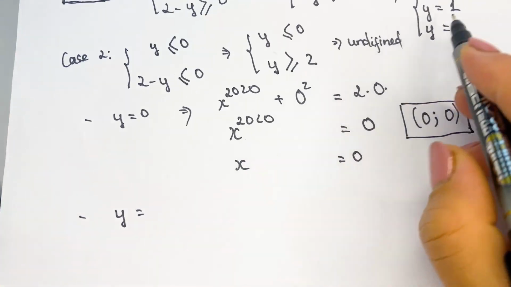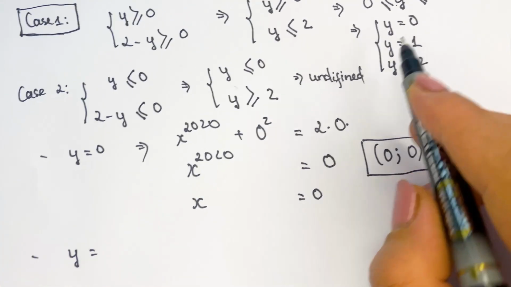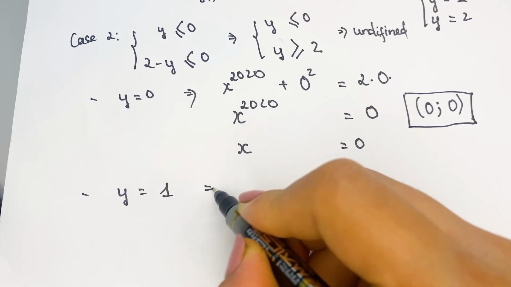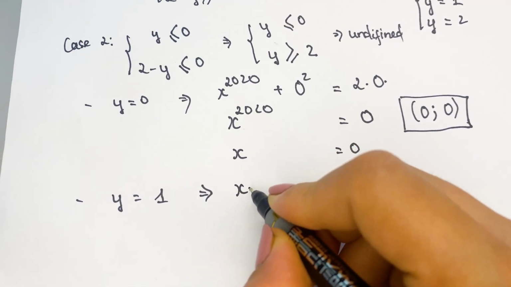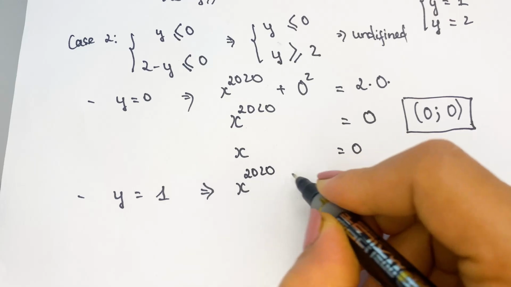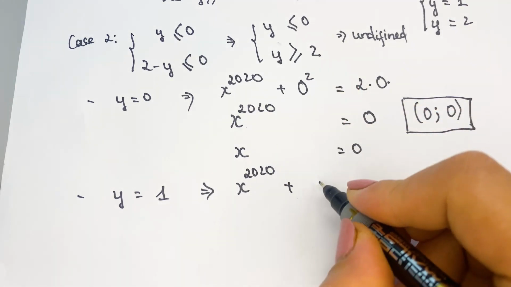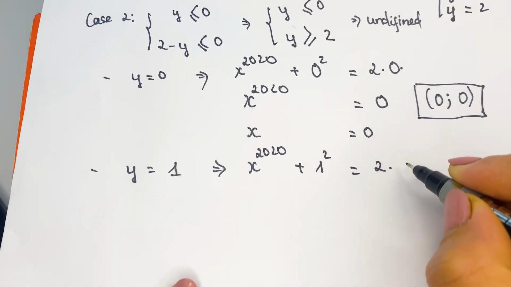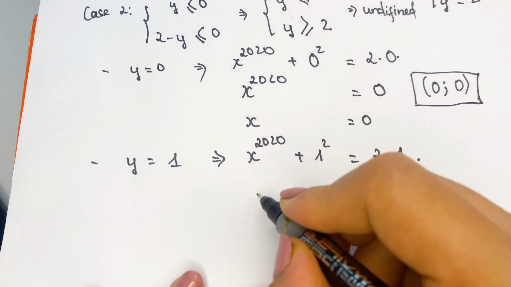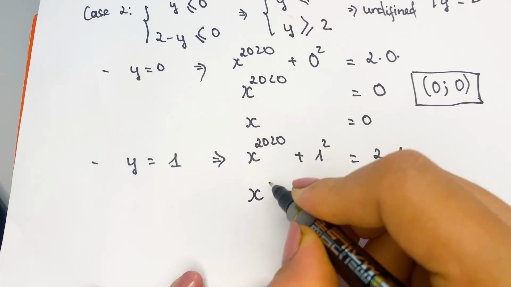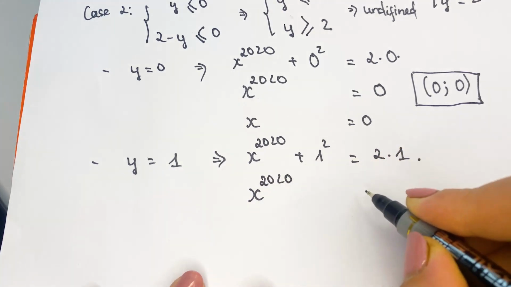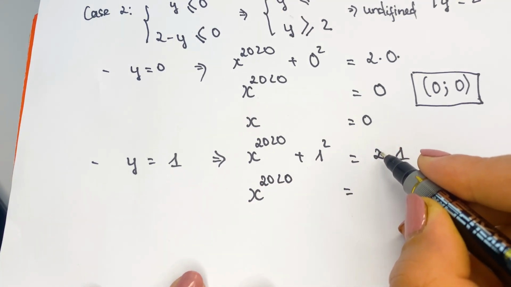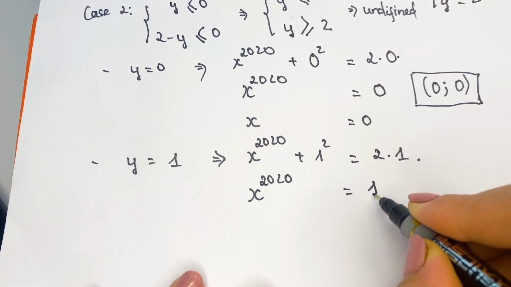And next one, when y equals 1 here, we have x^20 plus 1 squared equals 2 times 1. Therefore we can say x^20 equals 2 minus 1 equals 1.